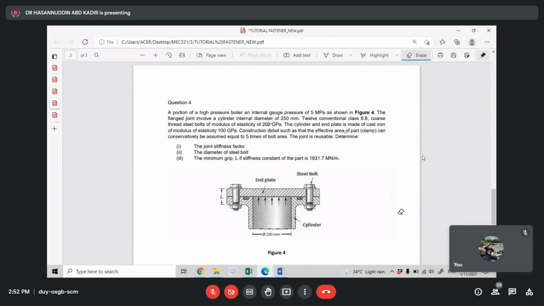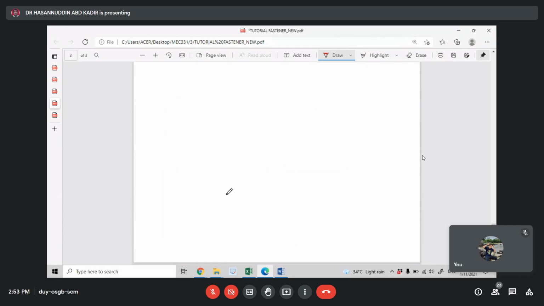Ni saya ubah dia punya diameter ni, kita tak nak lah 250, kita ubah kepada besar sikit lah, 300mm. Step dia hampir sama lah, okay? Kamu cari dulu value of C dia first, lepas tu carikan dia punya D dia, mana dia dapat D ni, okay, daripada FB lah, okay? FB tu dia ada tengok bahagian sini lah.